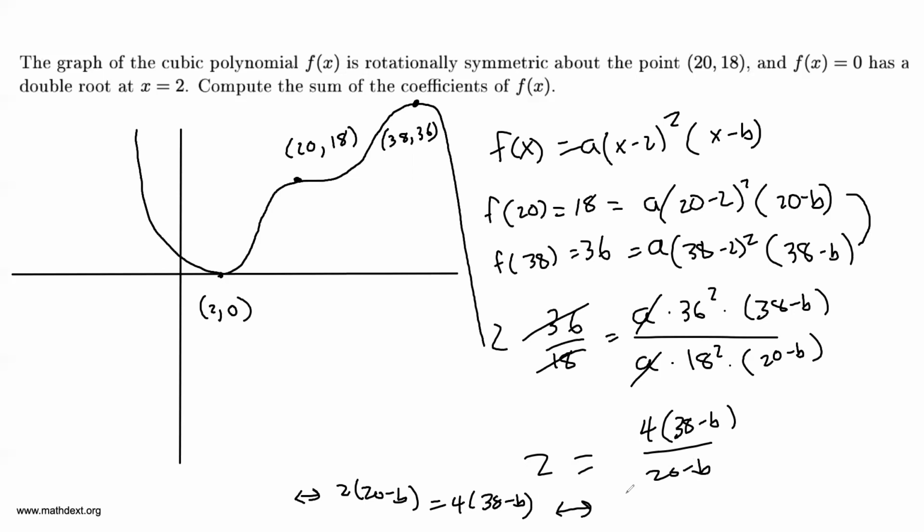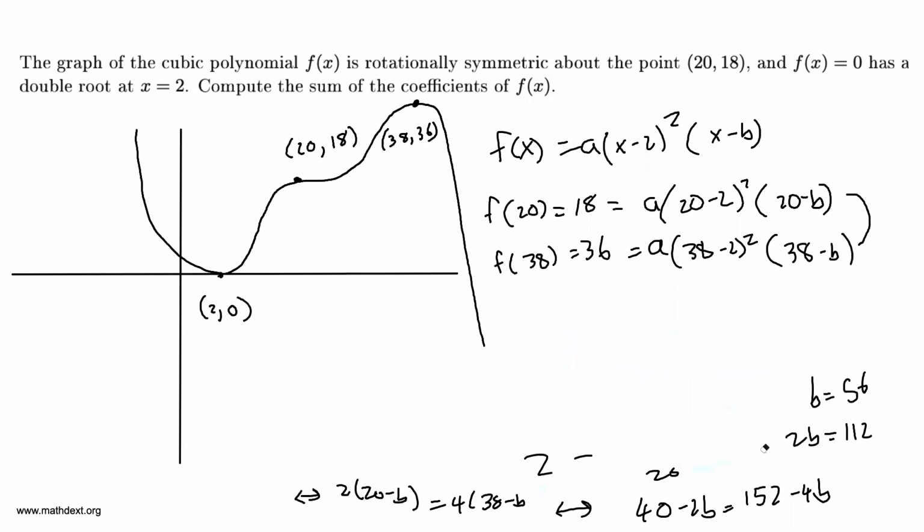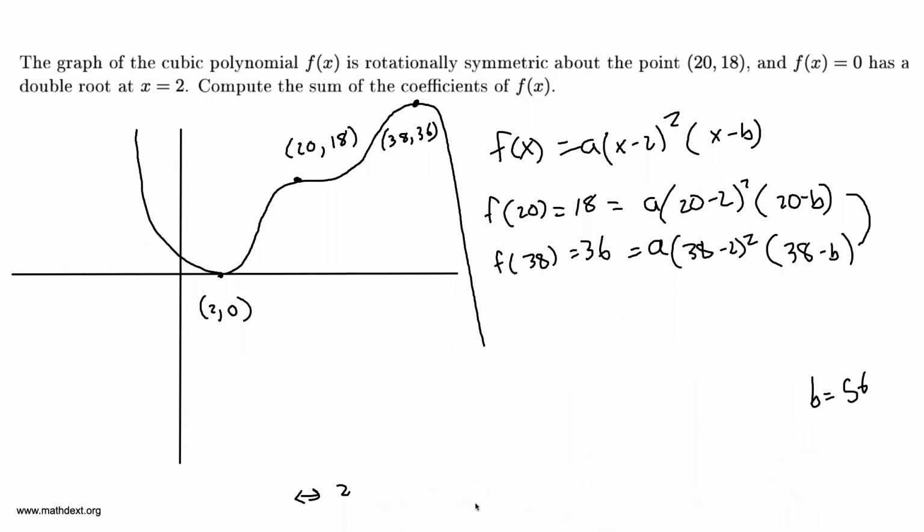And if we expand that out, we get 40 minus 2b is equal to 152 minus 4b, meaning 2b is 112 and b equals 56. Okay. That said, I'm going to clear up some space so we can try to figure out what a is.